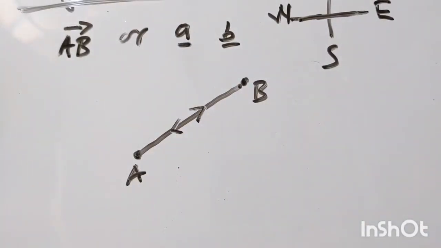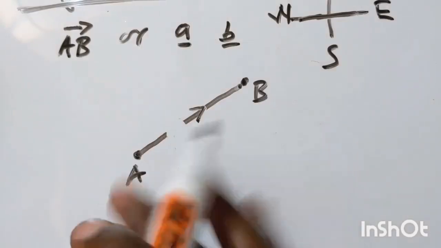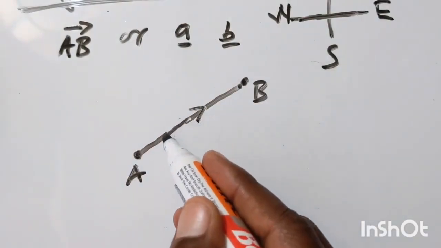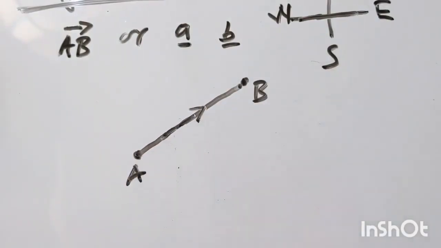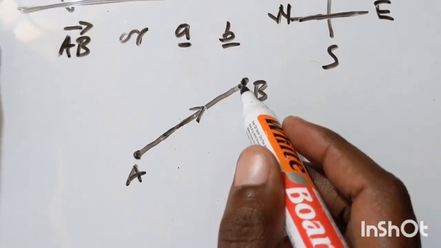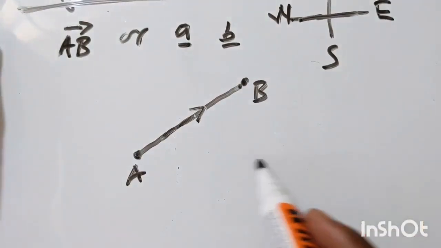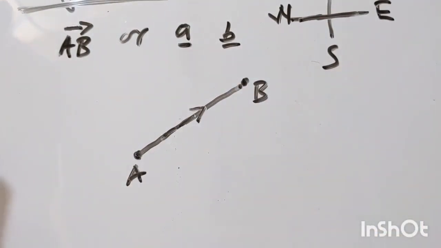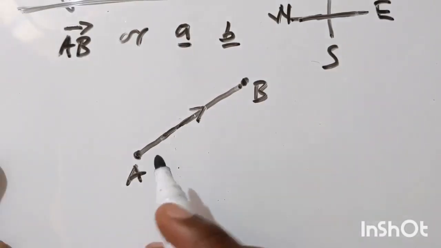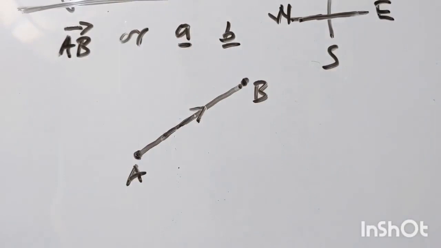Now that it has a direction, this is when it is called a vector on a diagram. You might find other shapes like a triangle or a trapezium, but this is how a vector is supposed to look.